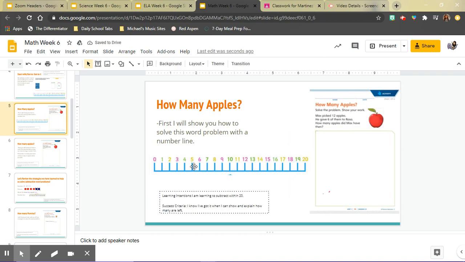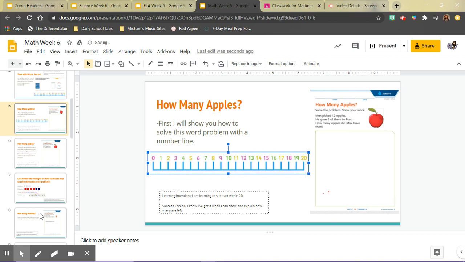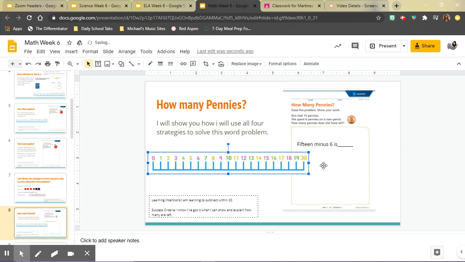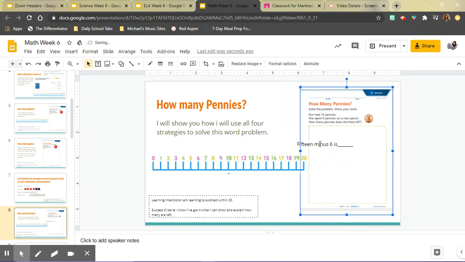I'm also going to bring our number line back so that we can see how we use that as well.